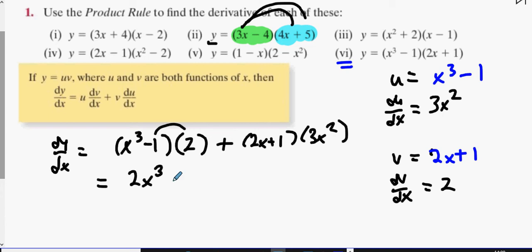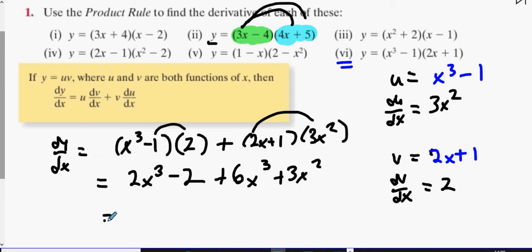Multiplied by minus 1, minus 2. 2x by 3x squared? 1 times 3x squared. And then it's 8x cubed plus 3x squared minus 2. Is that alright? Who got that? Right, most of you, right?